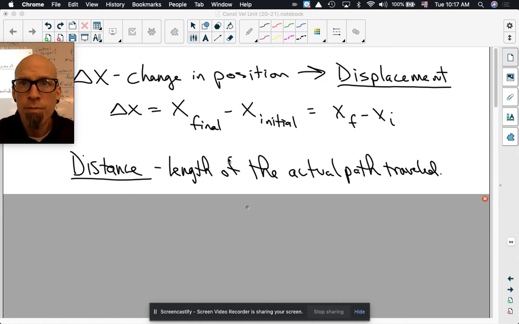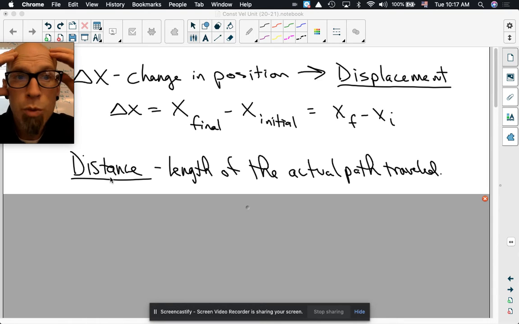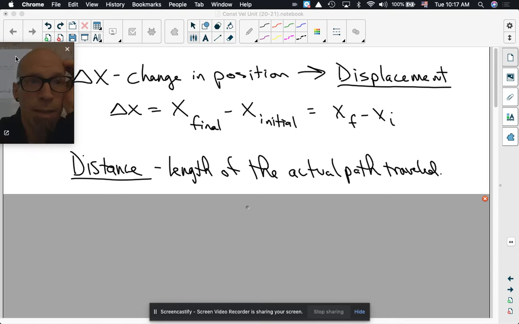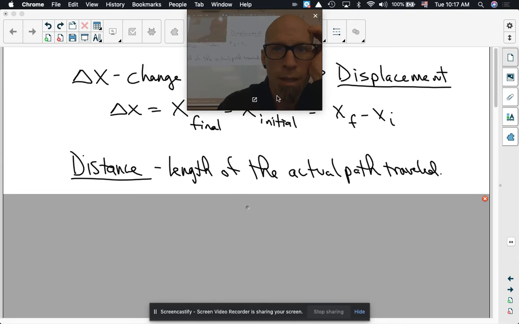Not how far it went, but where it is at this time. That's position, not distance. And displacement is also not the same thing as distance. Displacement is where you ended minus where you started. Distance is altogether different.